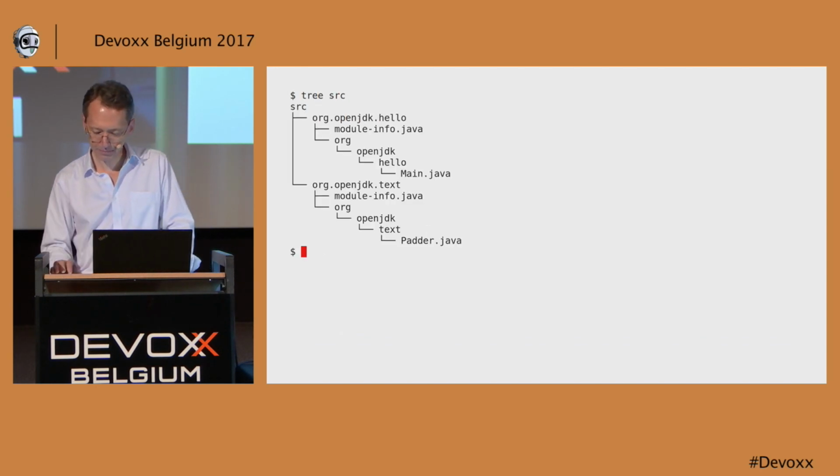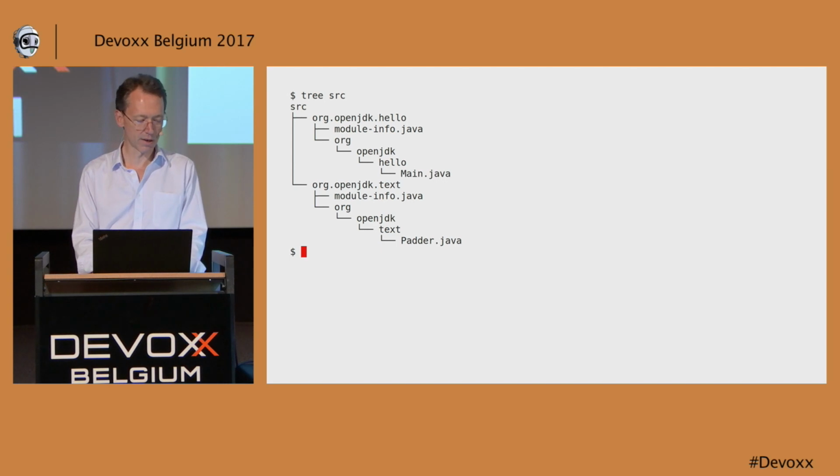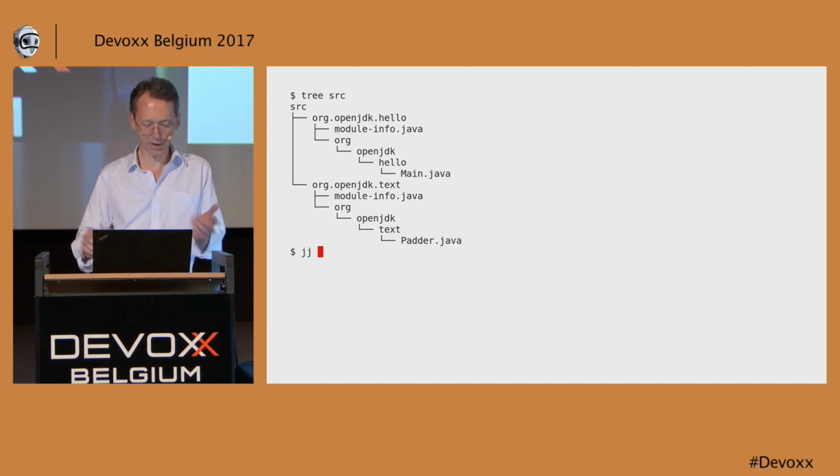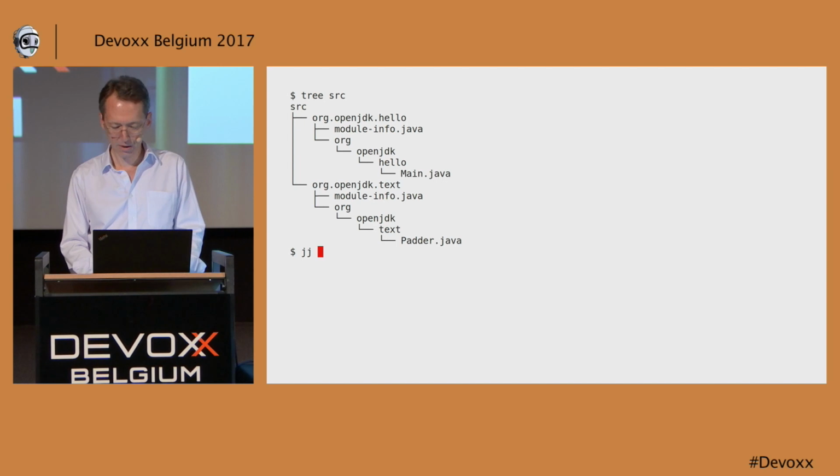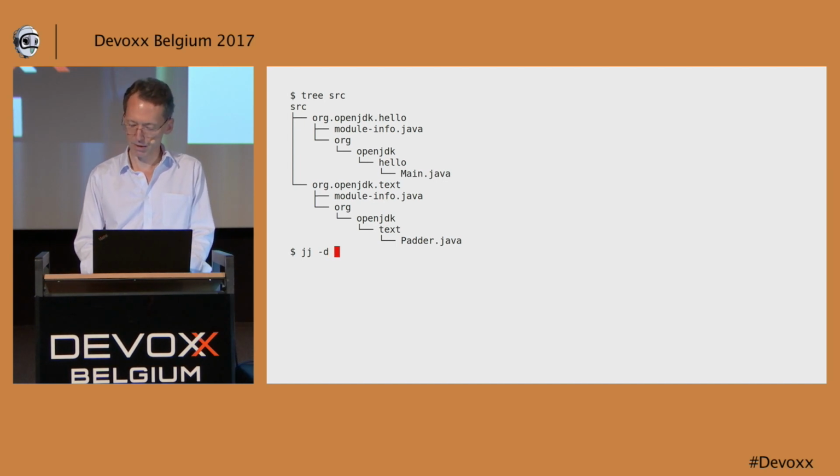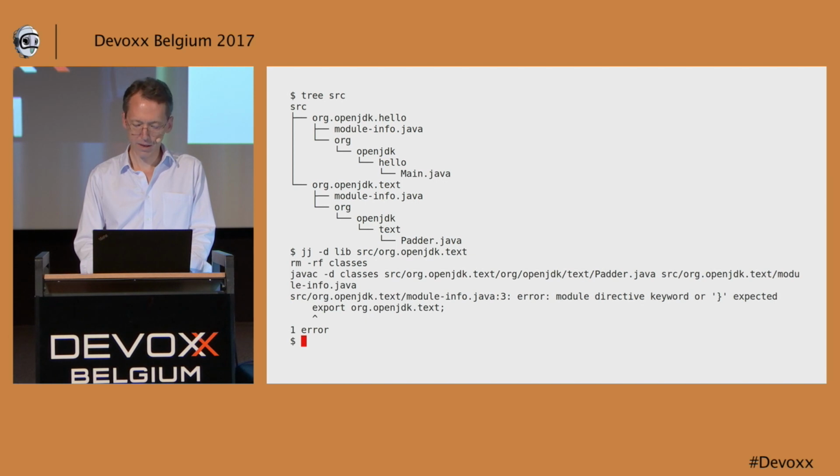Let's compile them up and see if we can make this thing run. So I'm going to use a little shortcut command here just to save some time. It's a little shell script that combines javac and jar, so we don't have to spend all day typing all of this stuff. So we'll compile the text module.